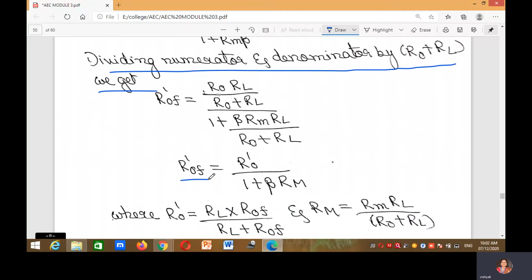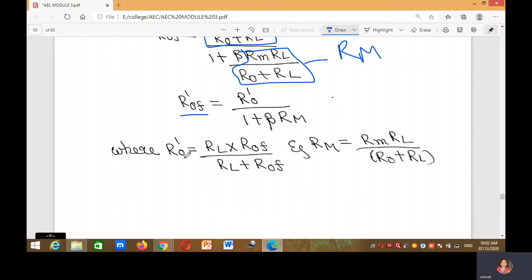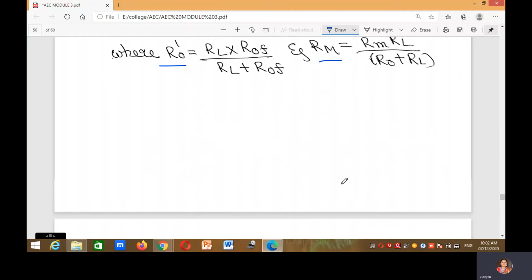They will consider this as R naught dash, and 1 plus beta into Rm they will take as capital RM. You can observe here, this is the output resistance.